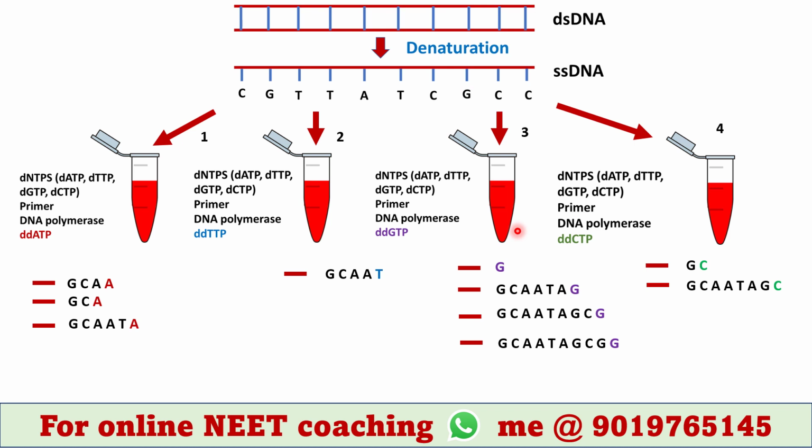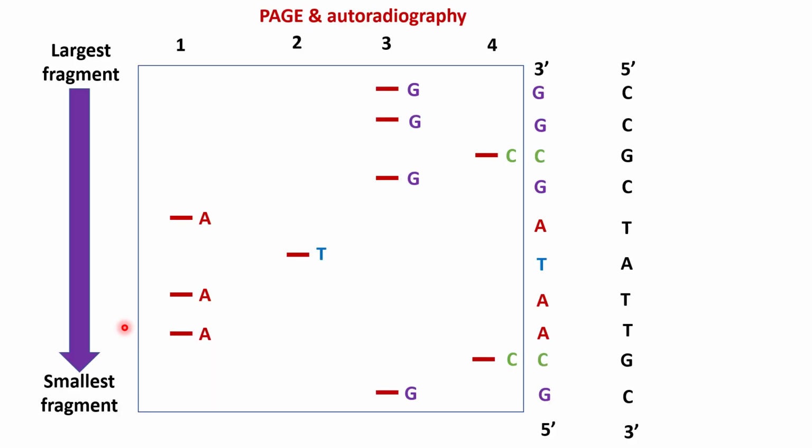That means each tube contains different fragments of DNA which all have same starting point but different end point. Now, these products are run in polyacrylamide gel electrophoresis.